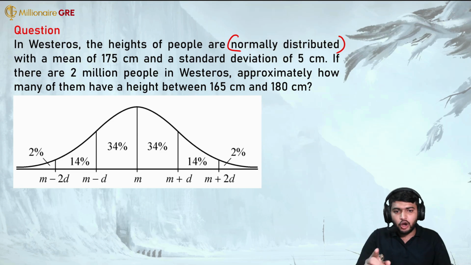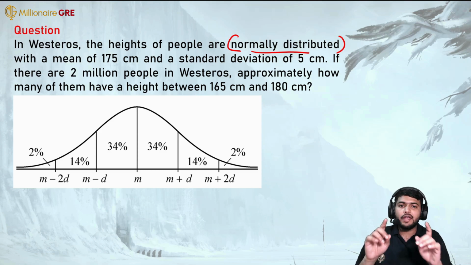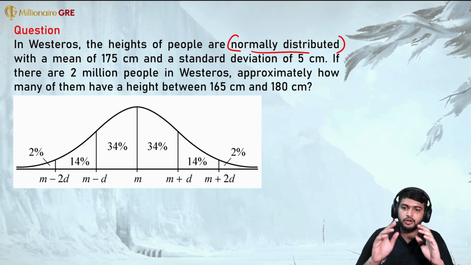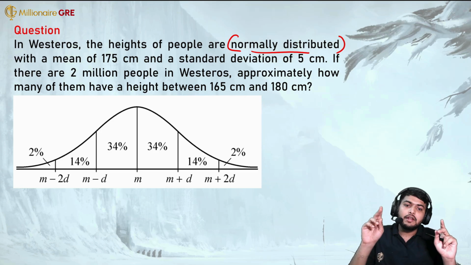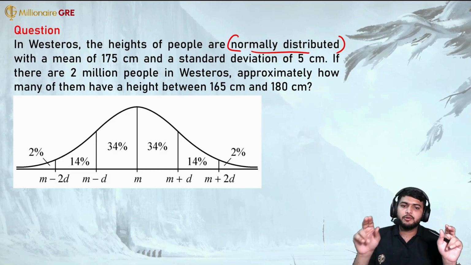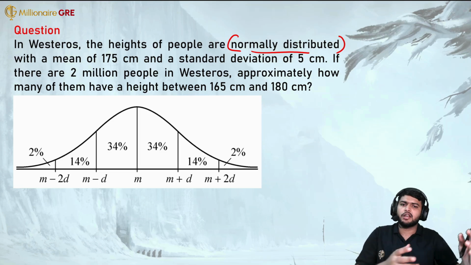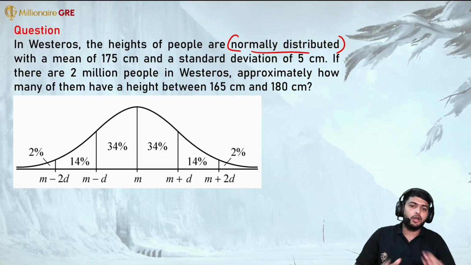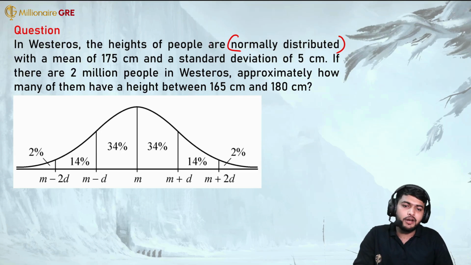If the question does not state this, you can never assume that the terms are normally distributed. Otherwise, you cannot assume that the values are normally distributed.